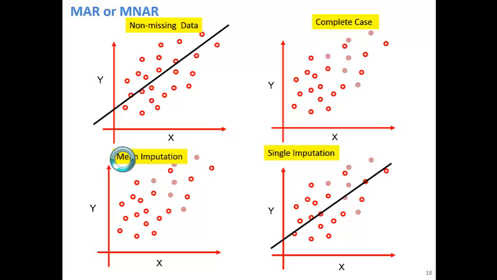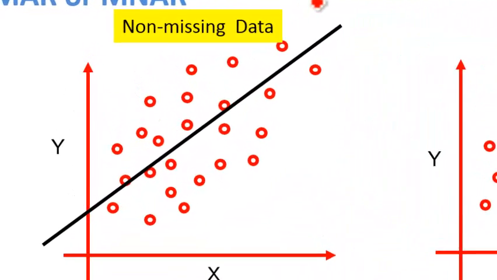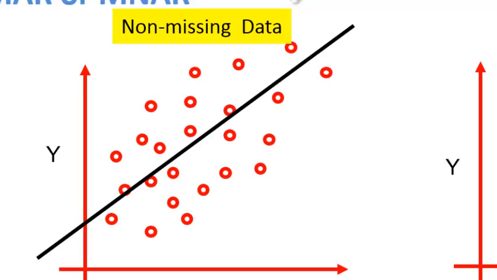missing data. In this case, missing is happening not completely at random. This data set does not have any missing, so you observe everything. So you know the true association between X and Y here.